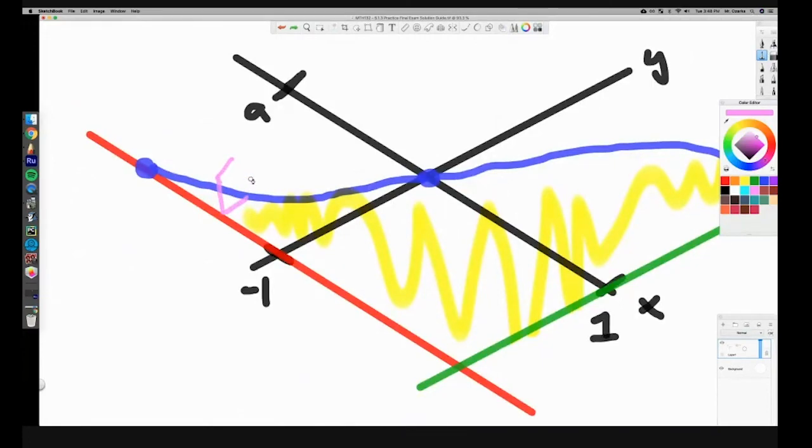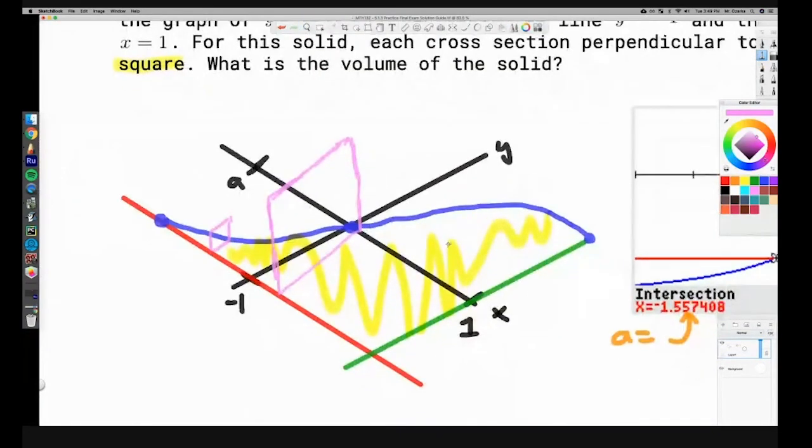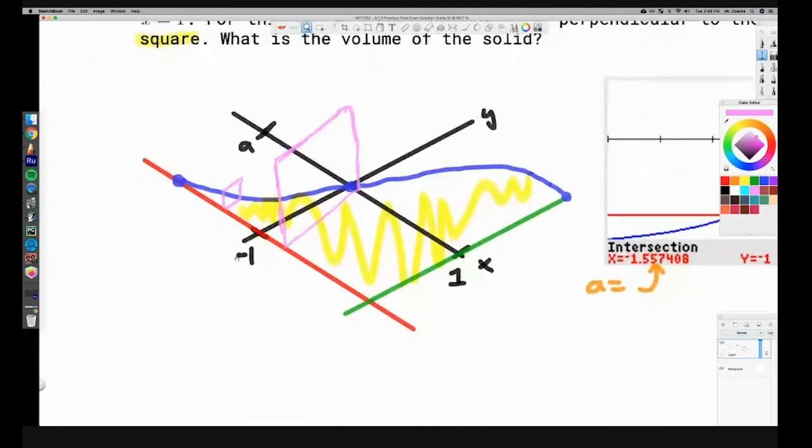Looks more like a rectangle. I'm not going to draw a third one because it's going to be humongous. So you get the idea with 2.